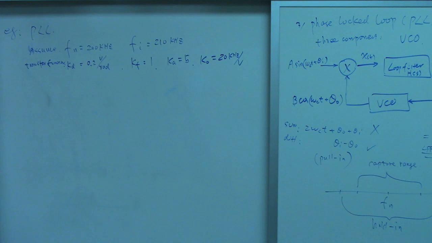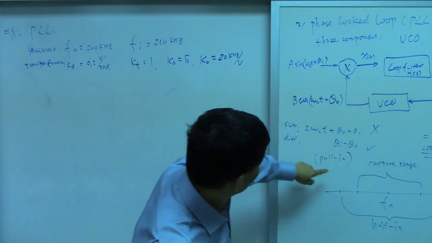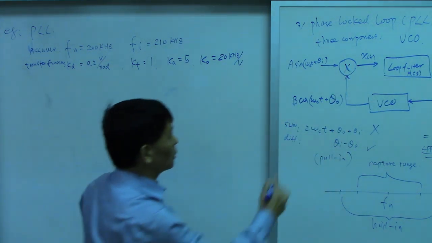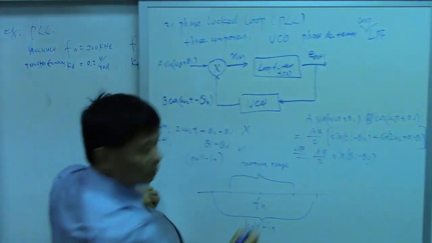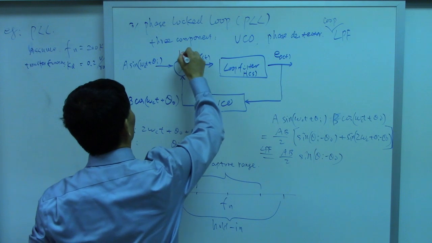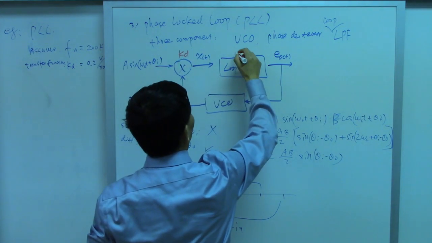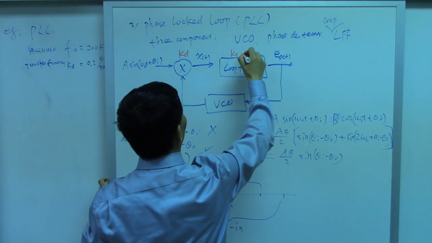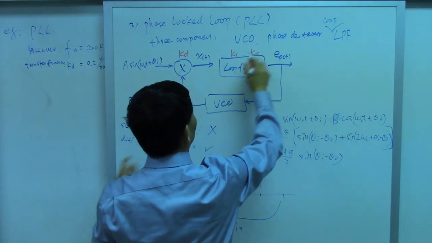So what is KD representing? KD is the transfer function for the phase detector. So we put the gain here. This one, the gain equals KD. The gain here has two parts. The first one is called KF, and then KA, combined together.